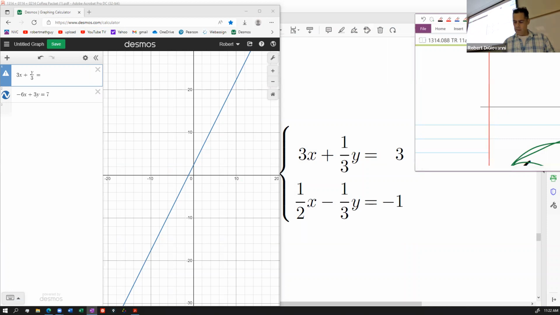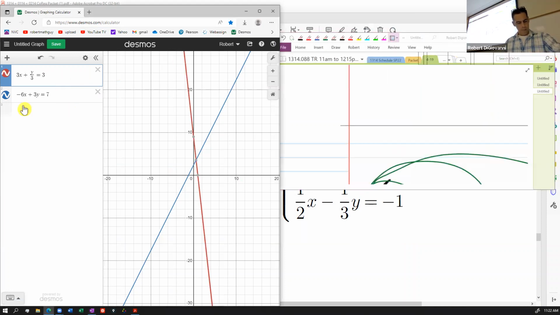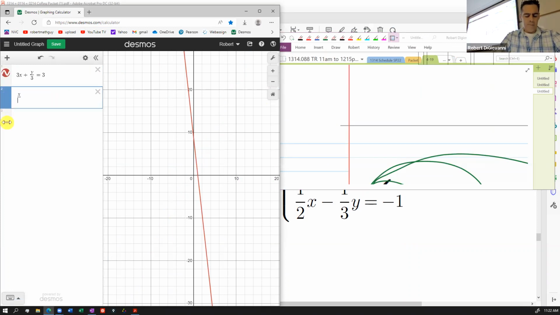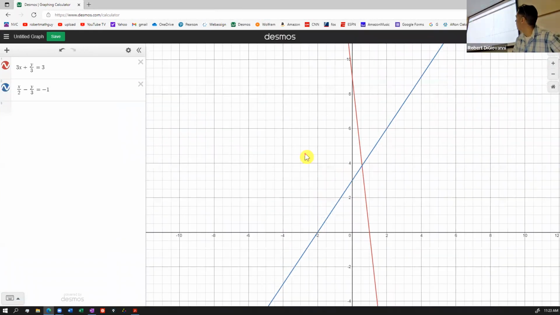My goodness. And then it was half of x, right? Minus y over 3 equals negative 1. Okay. So there's the graph.